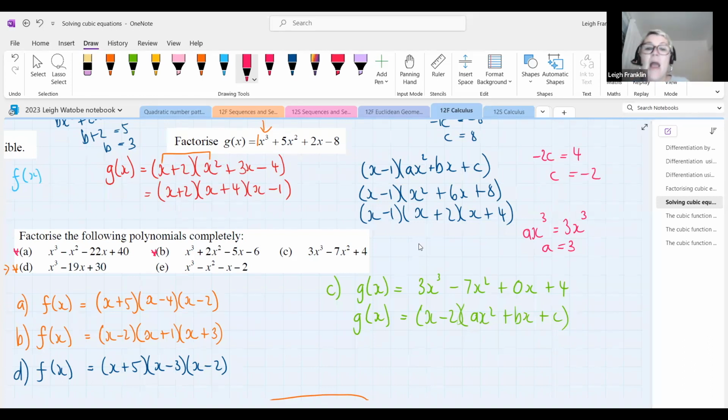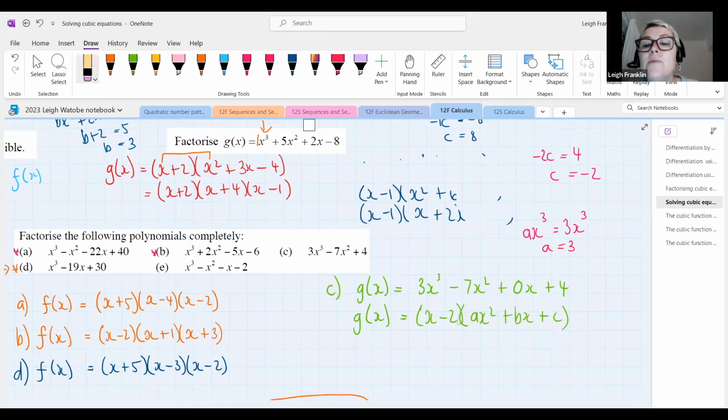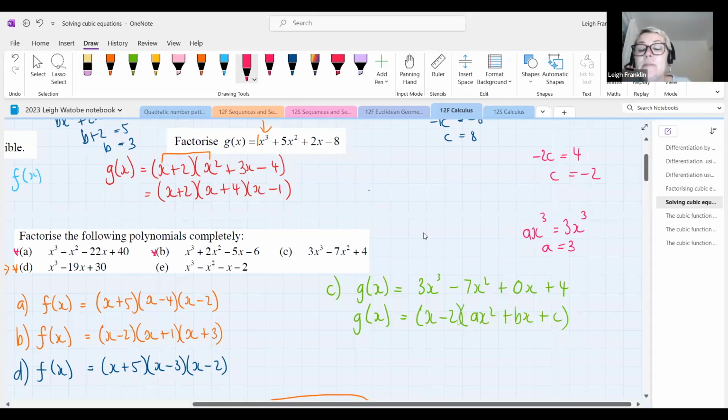All right. And then when you do your bx term, let me just get rid of this out the way here. It was a previous question that we had done. Now we say x times bx gives us bx squared. Now, -2 times ax squared.